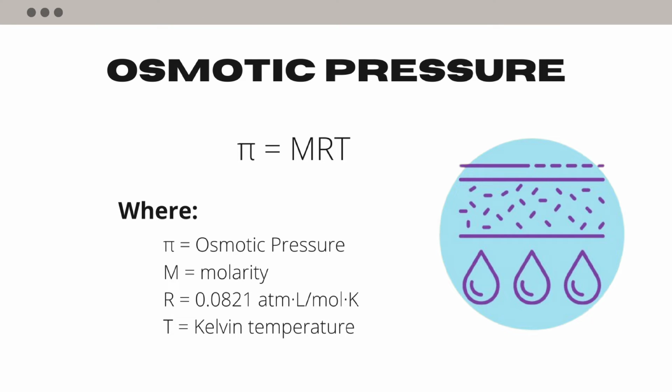Here is the equation for osmotic pressure: π = MRT, where π is osmotic pressure, M is molarity, R is the gas constant, which is equal to 0.0821 atm·L/(mol·K), and T is the Kelvin temperature.